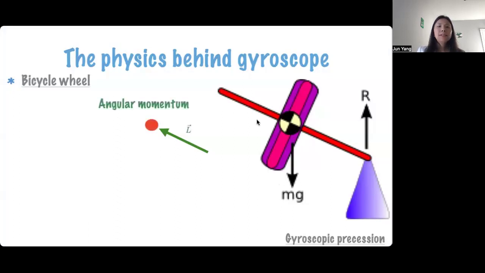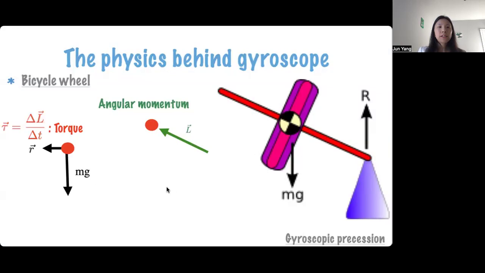And here we can see the system. The angular momentum is shown in the green line, and the torque is r cross F. So the r is in this direction, and the external force is mg.